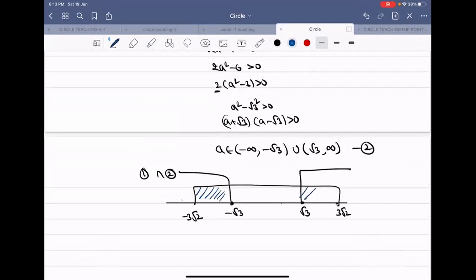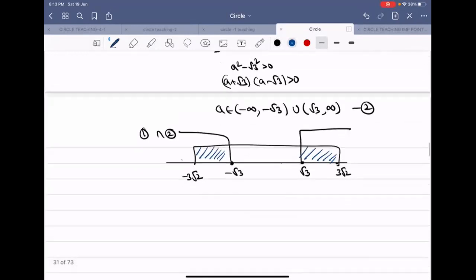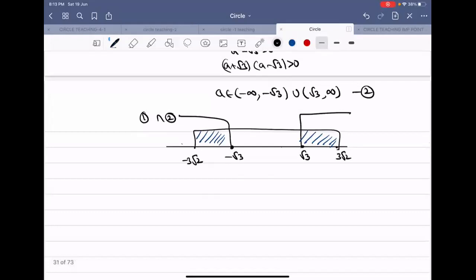Therefore, the final answer is a belongs to (minus 3 root 2, minus root 3) union (root 3, 3 root 2). So this is the final answer.